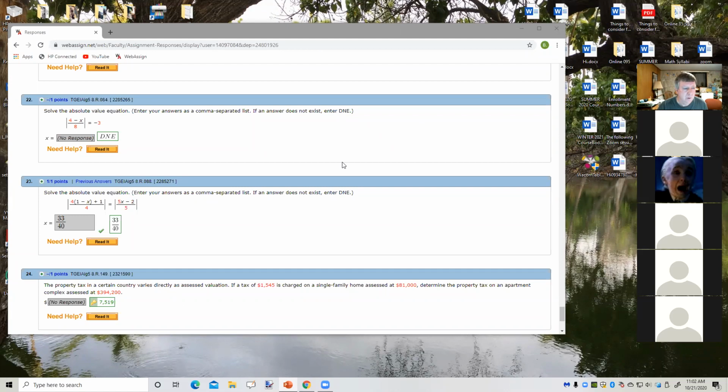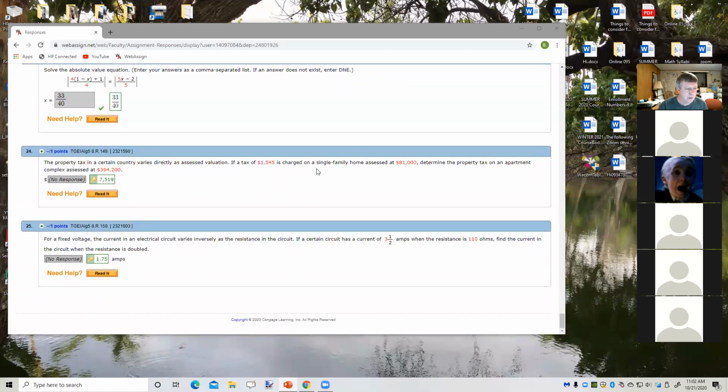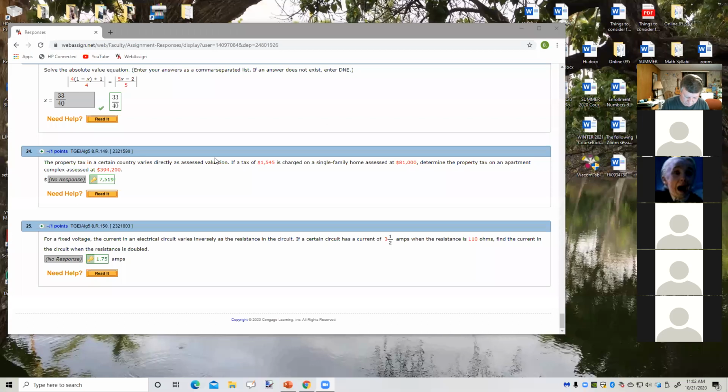Okay. We're going to take a look at number 24. The property tax of a certain county varies directly as assessed valuation. So tax equals K V. We're going to use T for tax and V for assessed valuation.